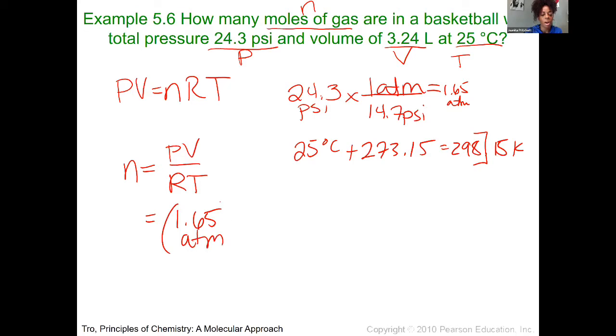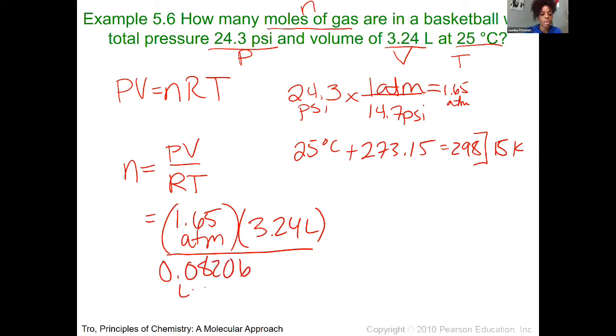We have our volume, which is 3.24 liters. Our R, well, you don't see R listed, but you have to remember that's a constant. And so that would be 0.08206 liters times atmospheres divided by moles times Kelvin. And then our temperature is 298 Kelvin.